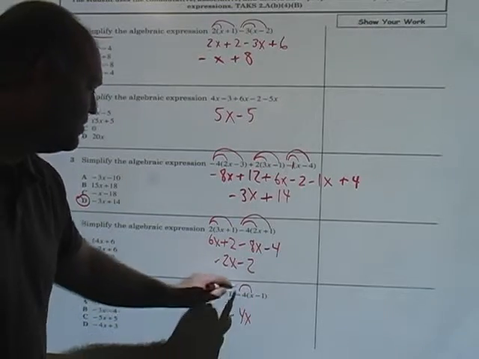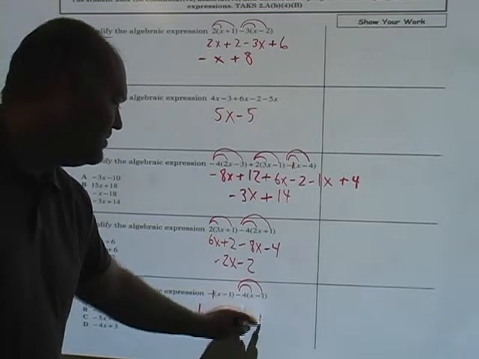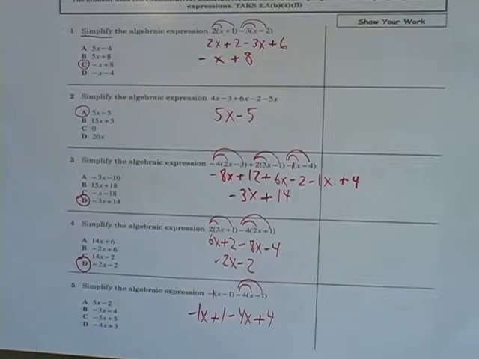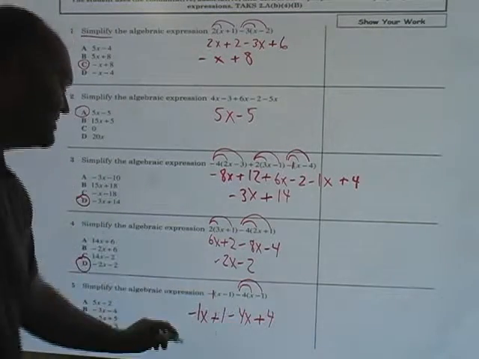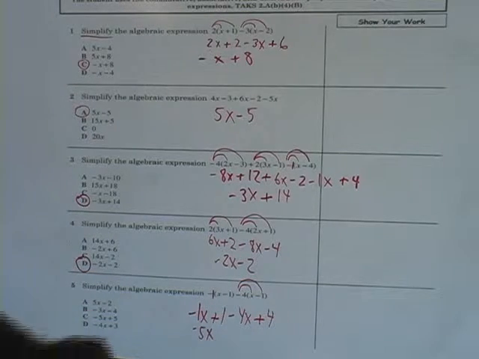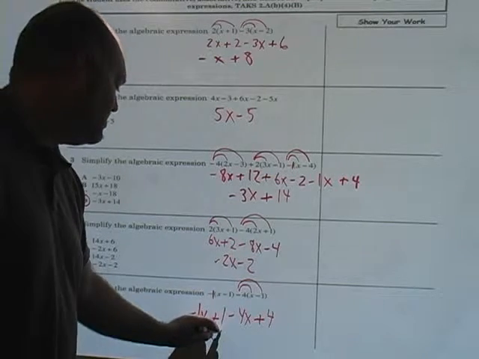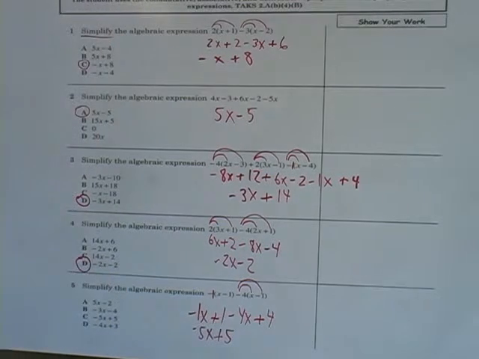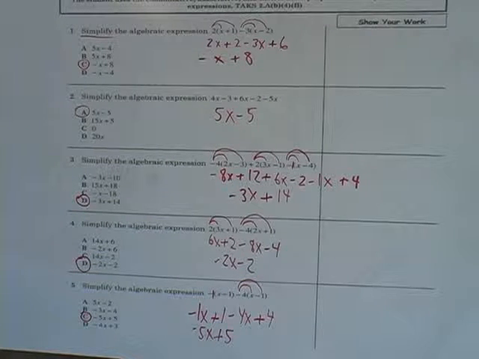And negative 4 times negative 1 is plus 4. Negative 1x minus 4x, negative 5x, and a positive 1 plus 4 is a plus 5. Okay.